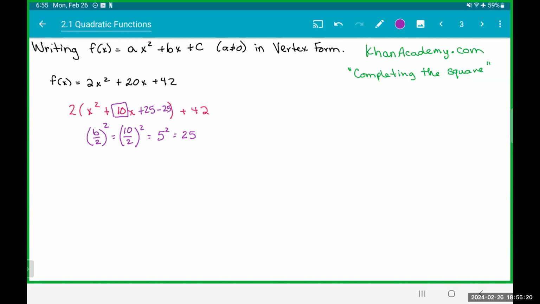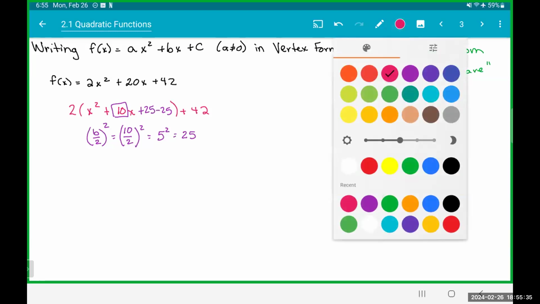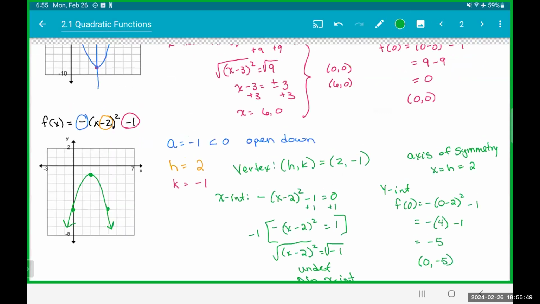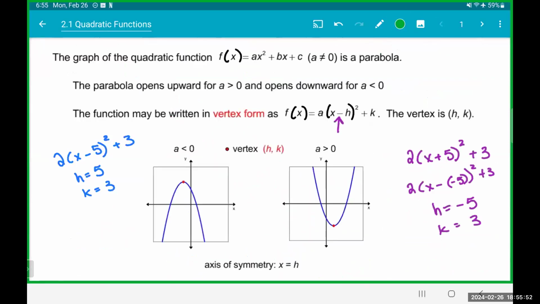Does everybody see that? But I don't want to have both of those in there because it defeats the purpose. So what I'm actually going to do, let me put that here for a moment and I'll show you. I want to take this one and move it out here because that then leaves me with a perfect square right here, which, remember, is our vertex form.